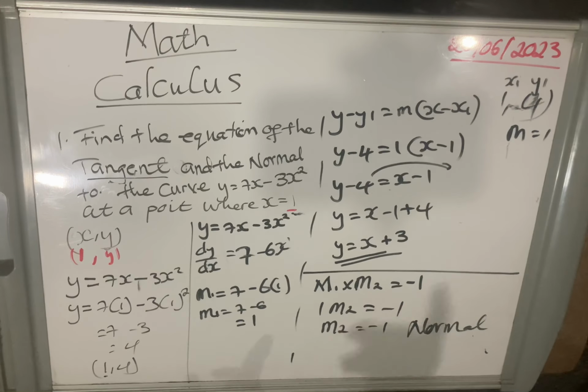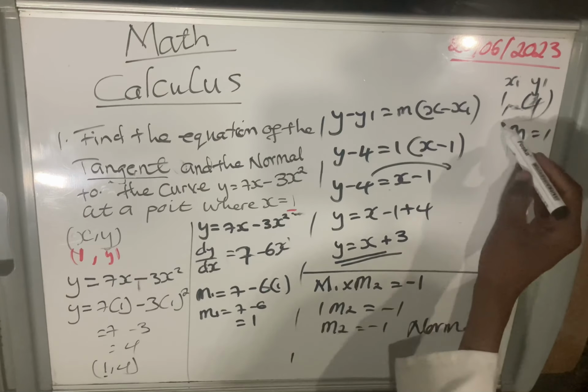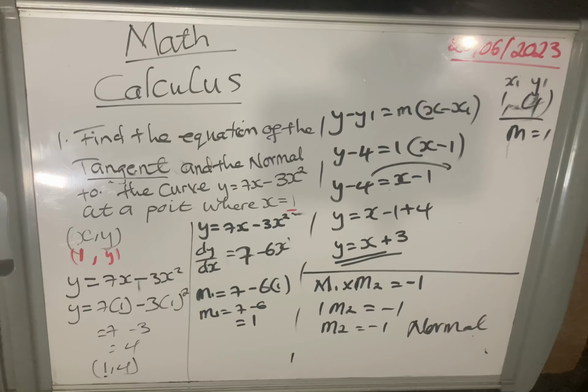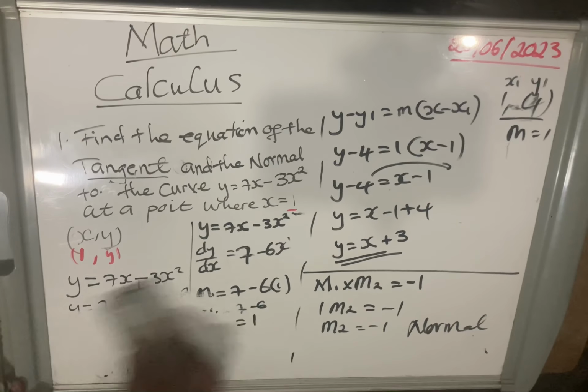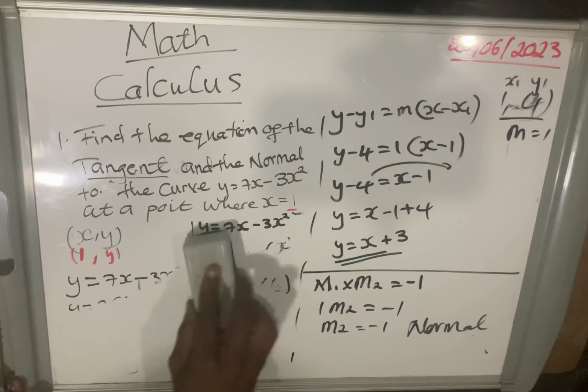So now using the same point, which is 1, 4, we can find the equation of the normal using the same equation again. Nothing is different.